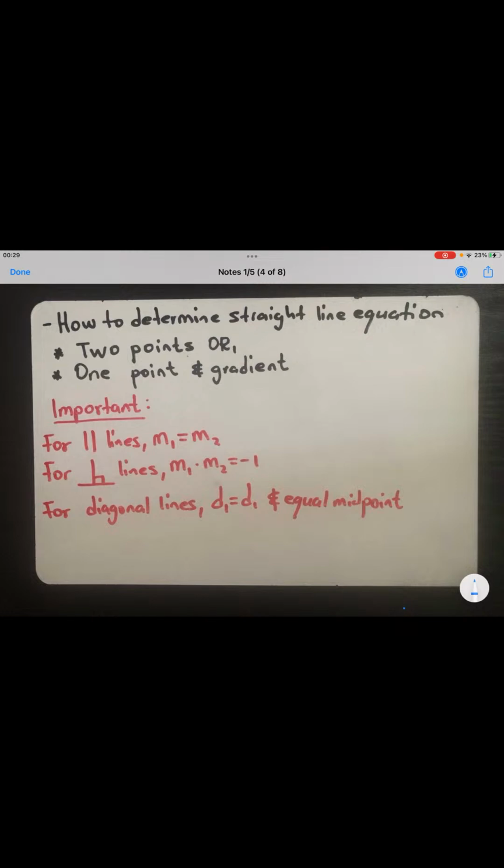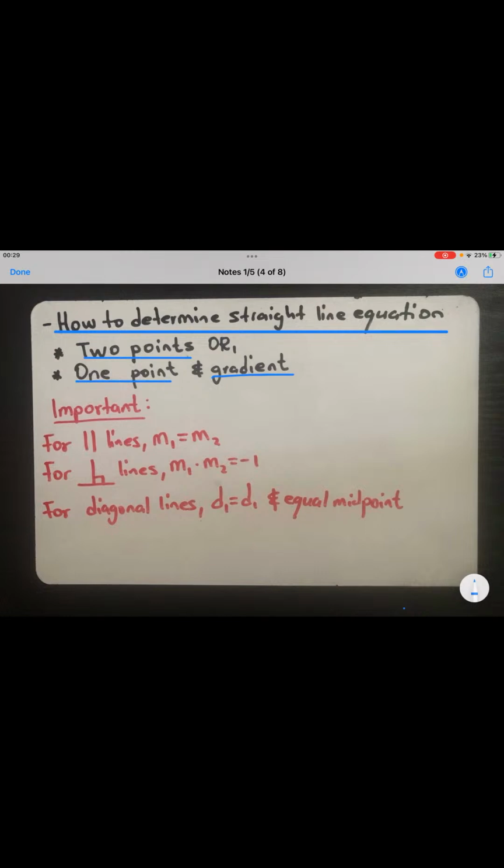I think I have briefly explained that: for you to determine an equation of a straight line, honorable members, you must have 2 points. Sometimes you might not have 2 points, but then you must have 1 point and a gradient somehow. So let's always remember that.